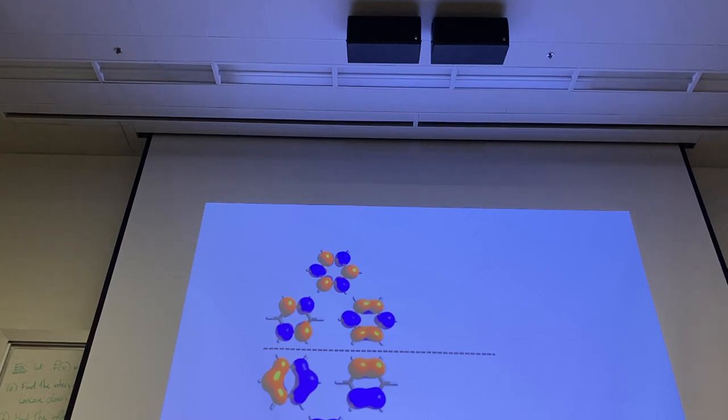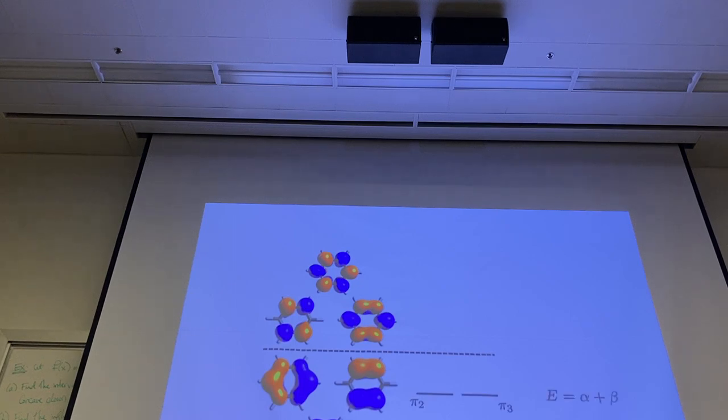The energy of that is alpha plus 2 beta. Remember, beta is negative, so this is the most negative number. We call that orbital simply pi1, the first pi orbital, the lowest lying pi orbital in terms of energy.